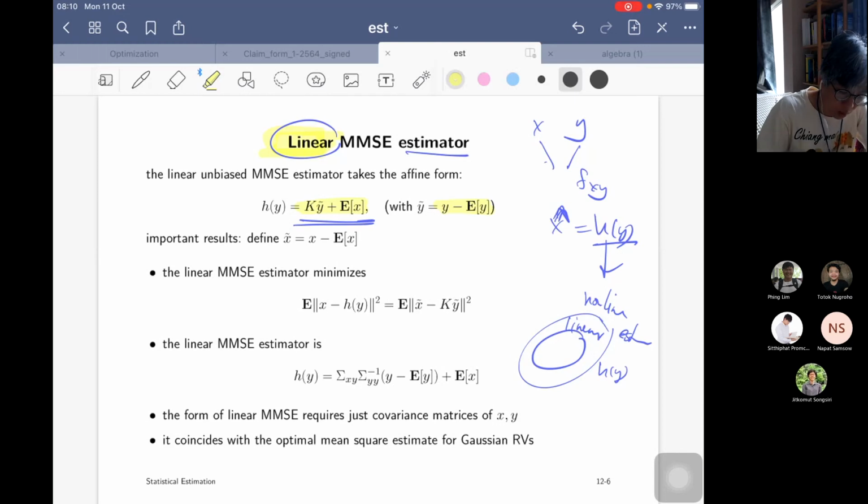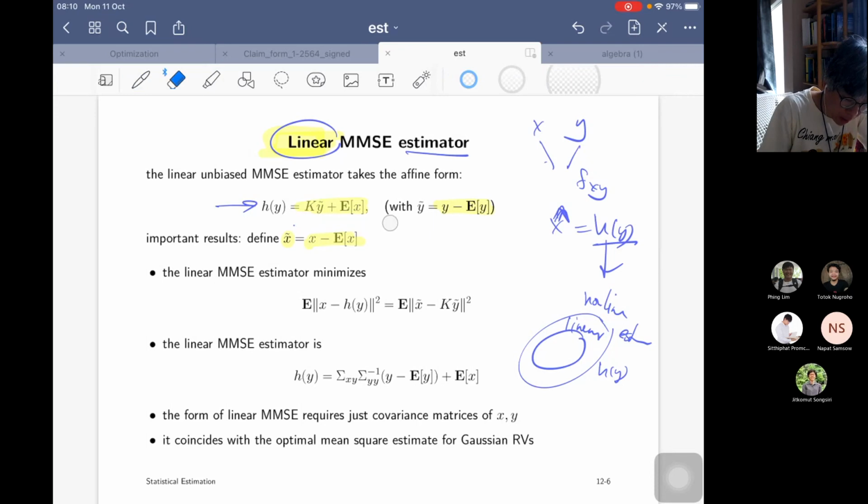We can just change the variable a little bit. We can define x tilde as x minus its mean, and then we follow the same concept. Now we restrict h to be the linear form, like this.